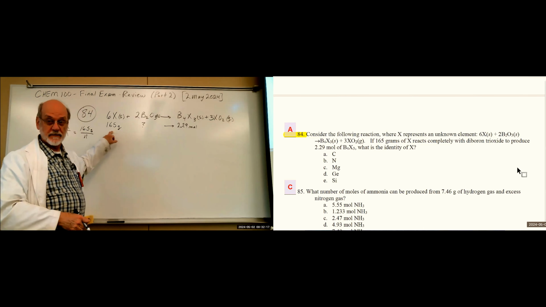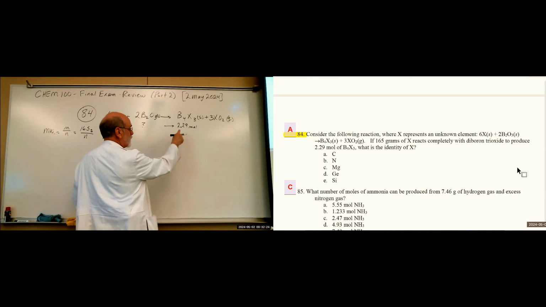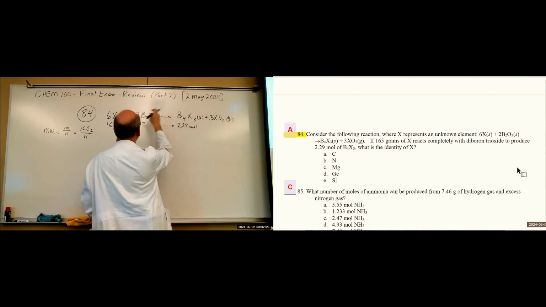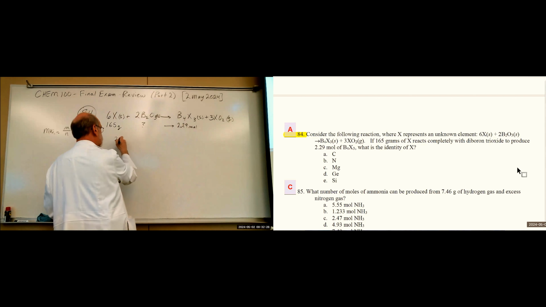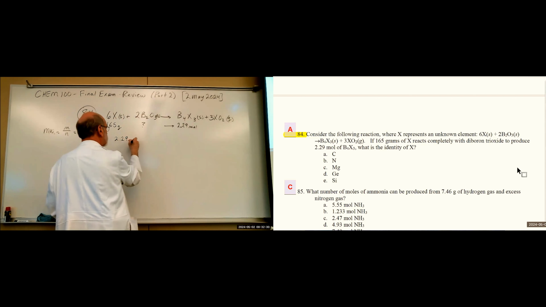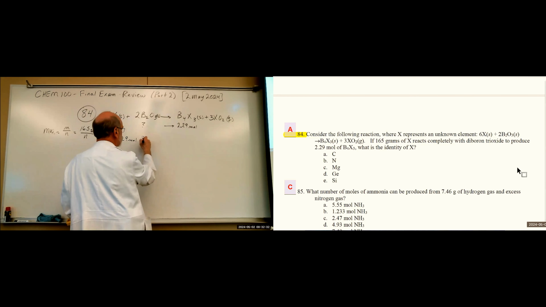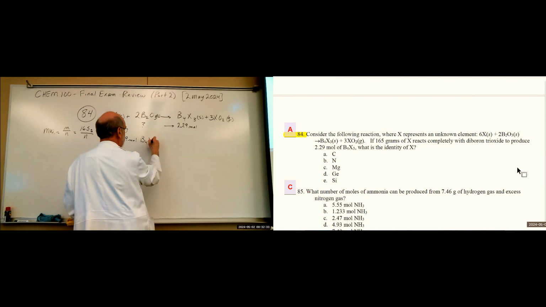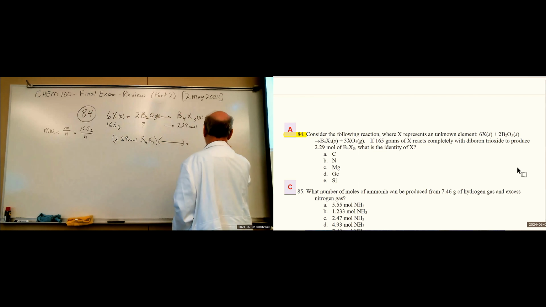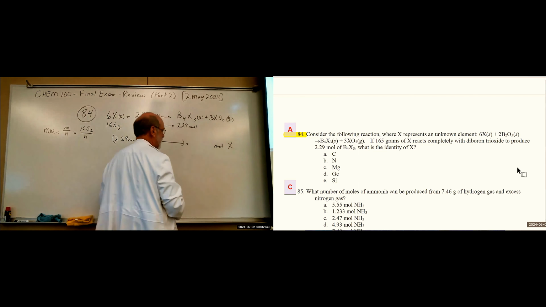Okay? So, if we know this many moles and we know the ratios. So if we say 2.29 moles of B4X3, and we want to convert that to moles of X. What's the conversion factor?